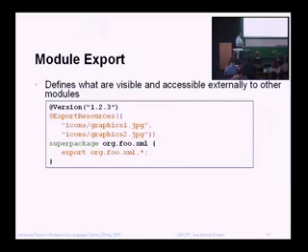Now, as I said, a module typically consists of a public API as well as implementation classes. To make the public API accessible and visible outside the module, you could use the export mechanism. There are 2 notions of export that we support in the module system. The first notion is export classes.